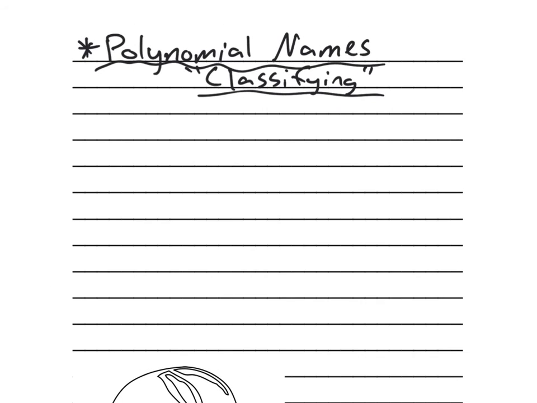polygons that have a certain number of sides, it has a special name for it. Like a 5-sided polygon is a pentagon. A 4-sided polygon is a quadrilateral. 3-sided is a triangle, right? So we also have names for polynomials. Okay, so if a polynomial has a certain number of terms, it has a special name for it.